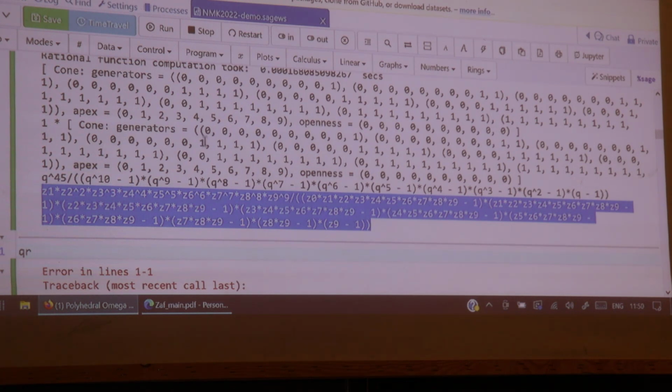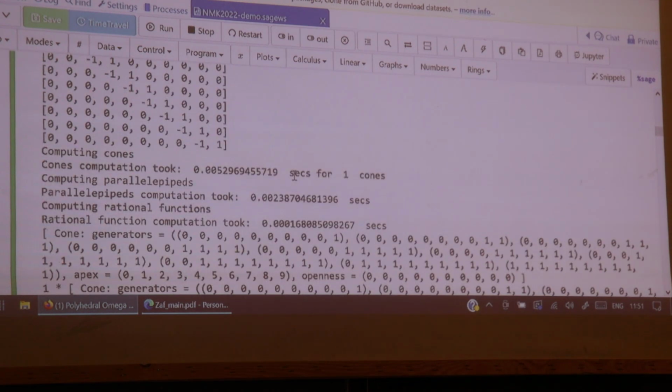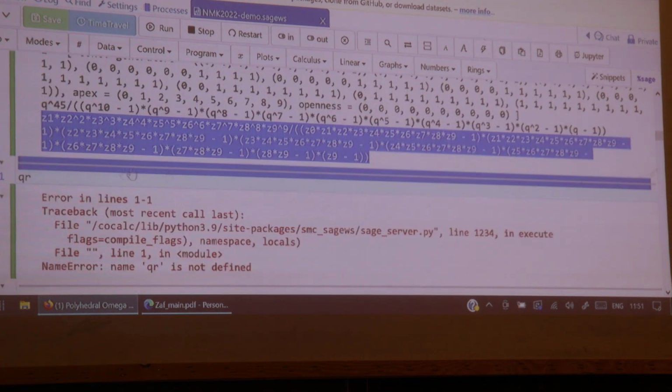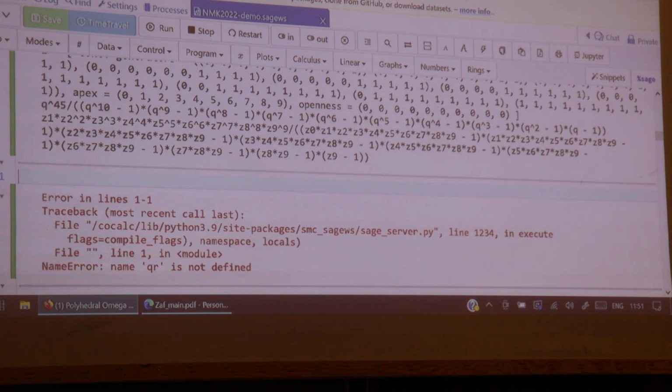So how do we get this 45? It comes from there. And as you see, this is how we also get the denominator. Questions? Requests?